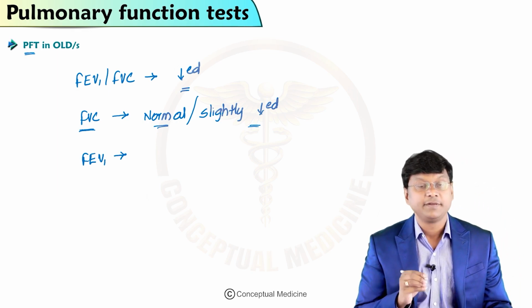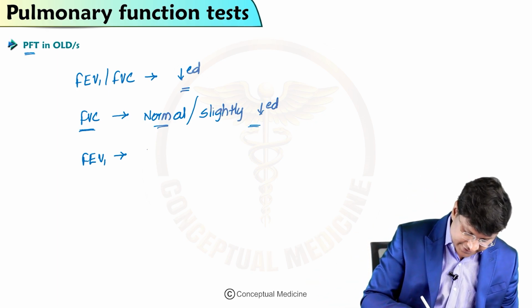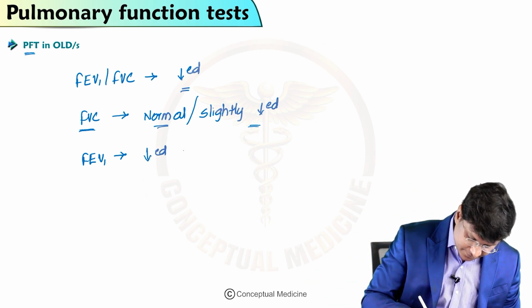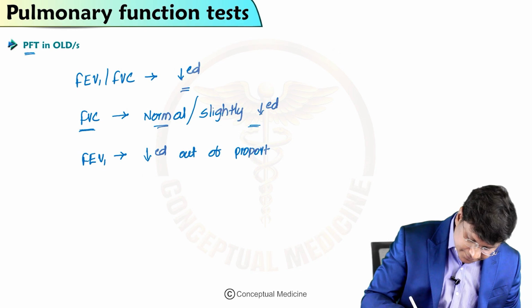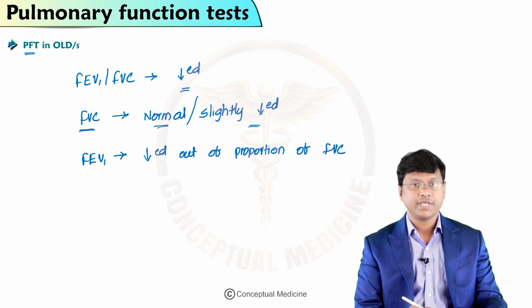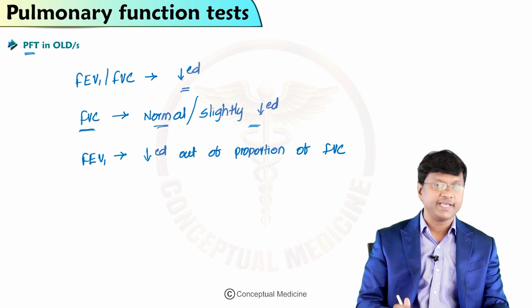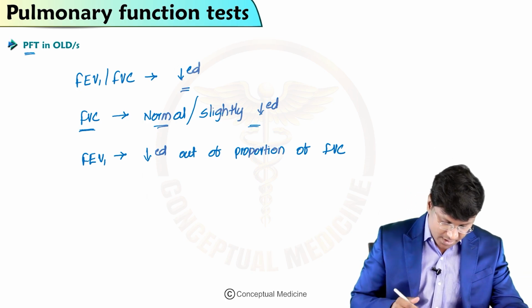FEV₁, let me tell you, is decreased out of proportion to the FVC. Now why is it decreased out of proportion to the forced vital capacity?